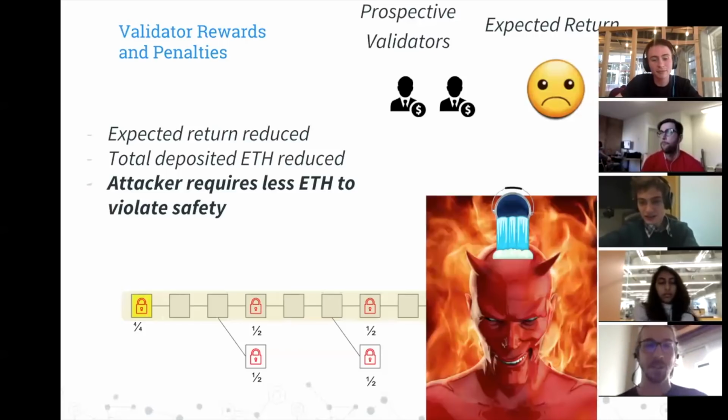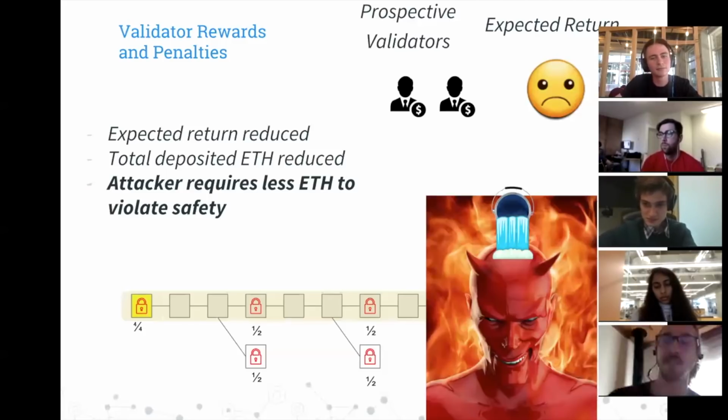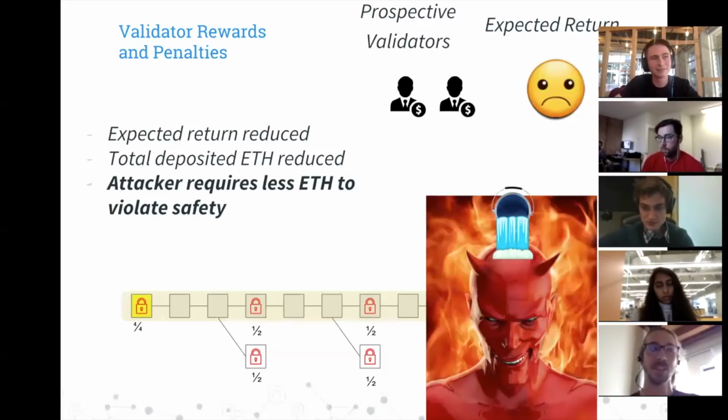Just to speak about Vlad's stuff, there's some really exciting work going on there, but it's definitely still in the experimental phase, and the FFG stuff is clearly a super solid way to move this chain over to proof of stake. So we shall see how the two bodies of research influence each other in the coming months and year.